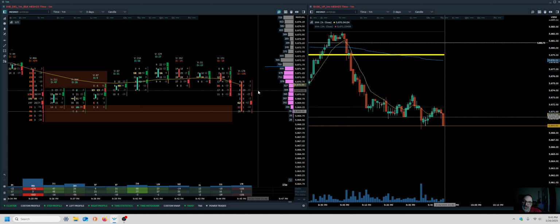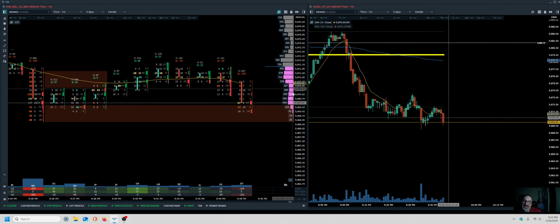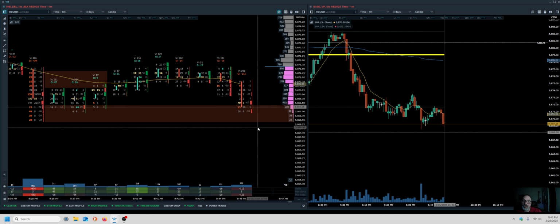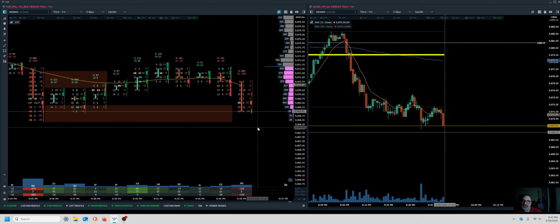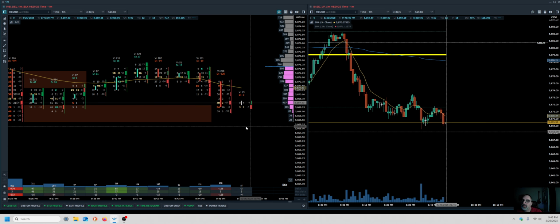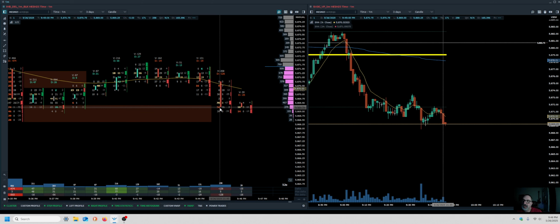And if you're dealing with an illiquid market, meaning not many bids and offers at each level, you'll have what's called slippage, and you could be ticks, sometimes points, depending on the volume, especially if there's no volume. So you want to avoid that at all costs. Okay, so we got a bunch of selling imbalances here.